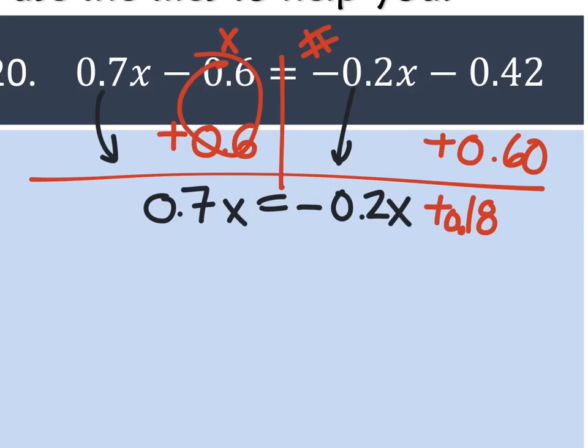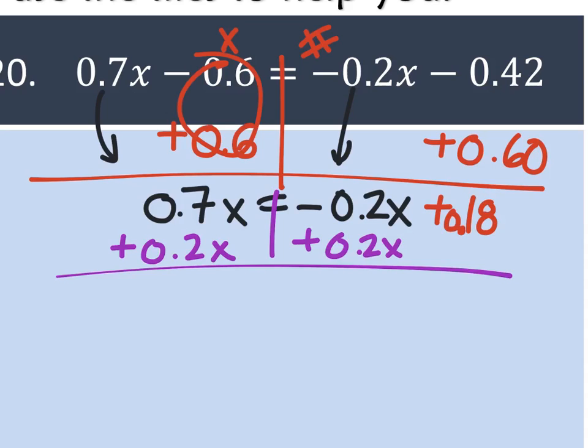So again, we scan this new equation, and I've got that negative 0.2x on the wrong side. It's on the number side of things. So I'm going to have to add 0.2x to zero that out. But if I do it to one side, I've got to do it to the other side. And this then becomes 0.9x, which now equals, and that zeroed out just like we wanted, 0.18.